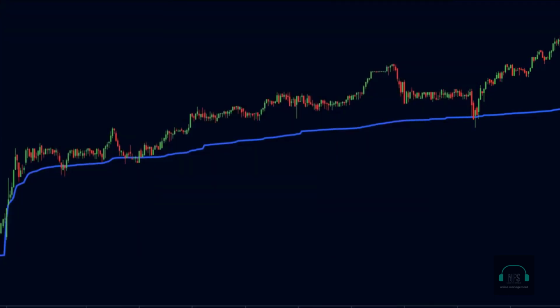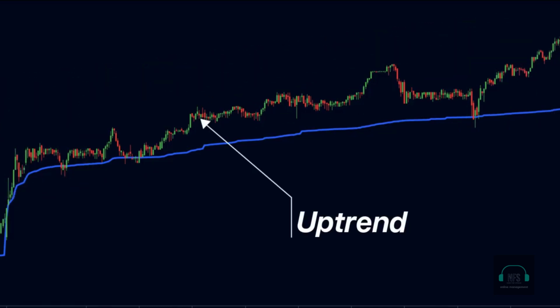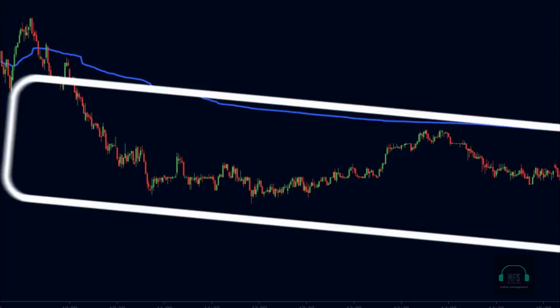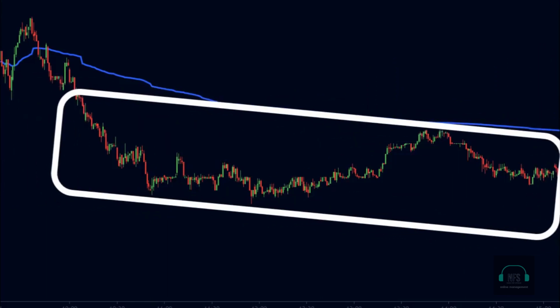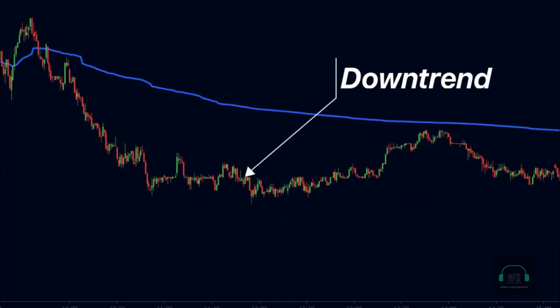We can use the VWAP to identify the trend of the market. When the price is trading above the VWAP for longer periods of time, it will be considered to be in an uptrend. Similarly, if the price is trading below the VWAP for longer periods of time, it will be considered to be in a downtrend.